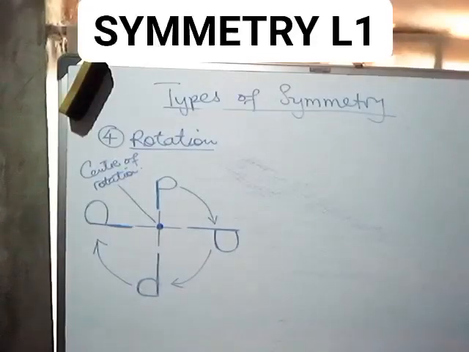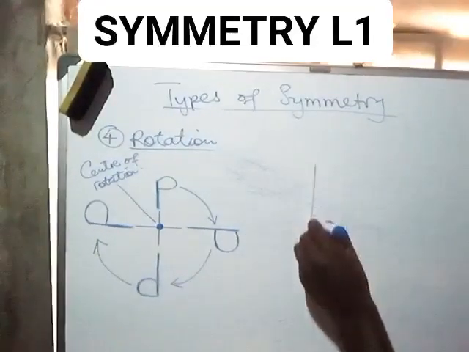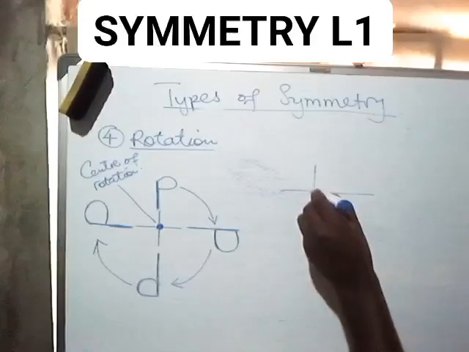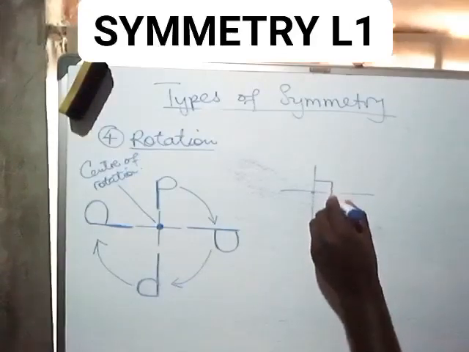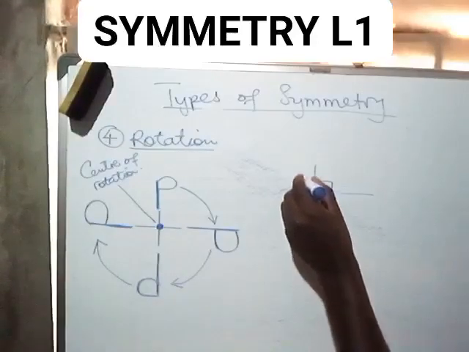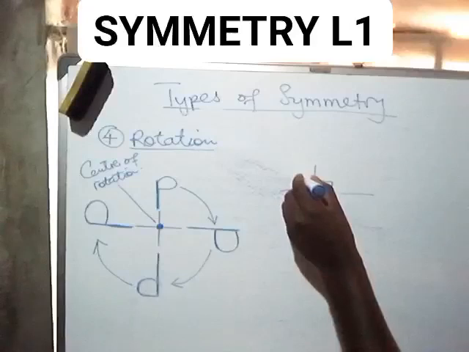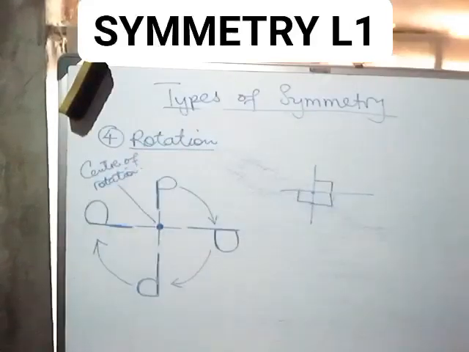When you look at this angle which has been formed here, we have the center here. The letter has moved 90 degrees. Again, it has moved another 90 degrees, and again another 90 degrees. Finally, if it moves further, it will still move 90 degrees to go back to its original position, the way it was at first.